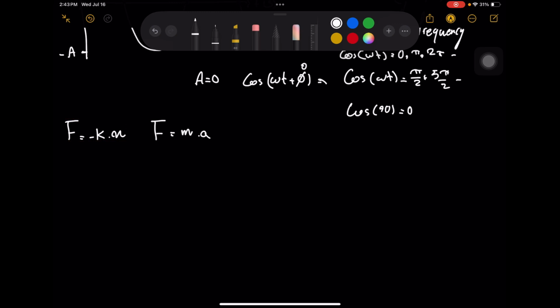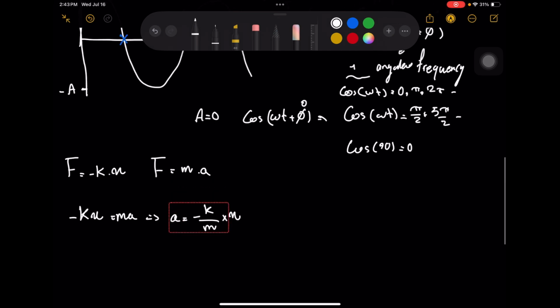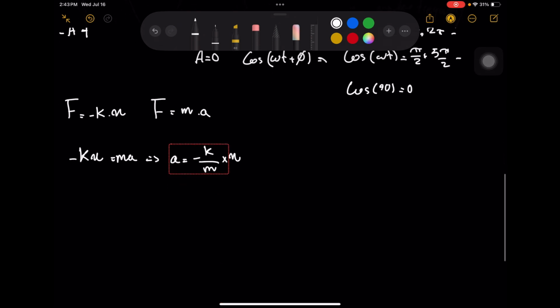So we can say that negative kx equals ma. And then using that, a equals negative k over m times x.